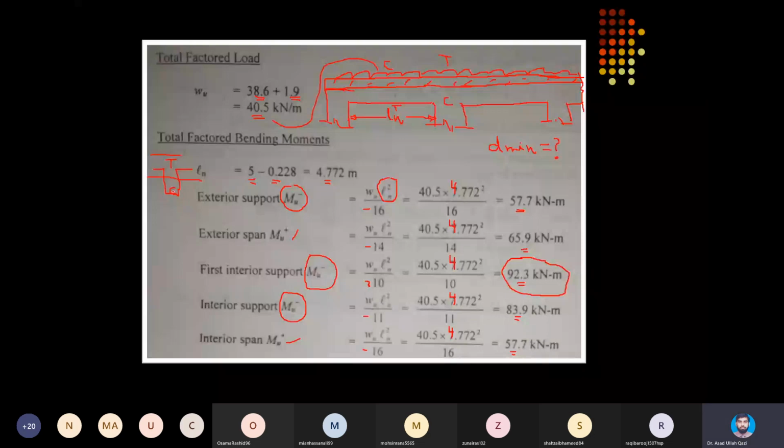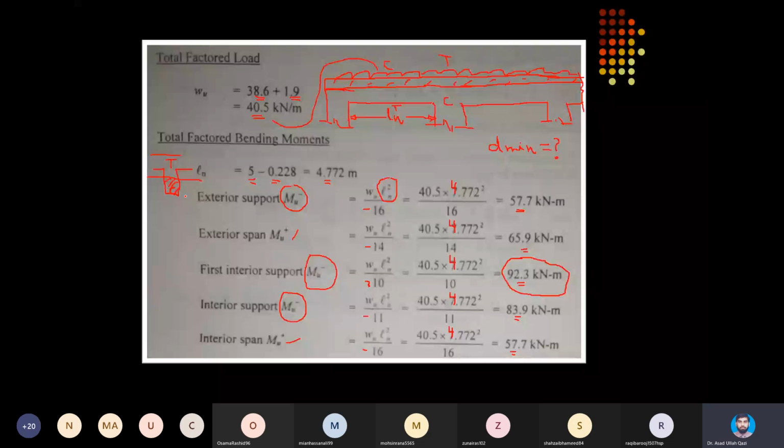So a rectangular section will be analyzed at all sections over the supports, because slab in tension will not contribute and the geometry, even though it looks like a T shape, is not to be considered in estimation of T value.